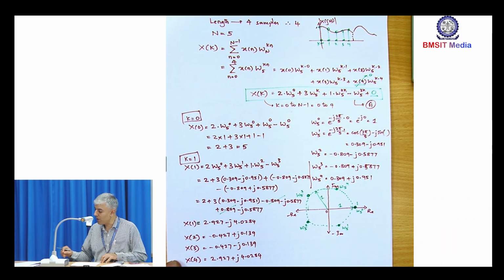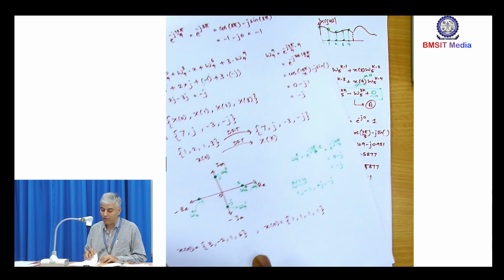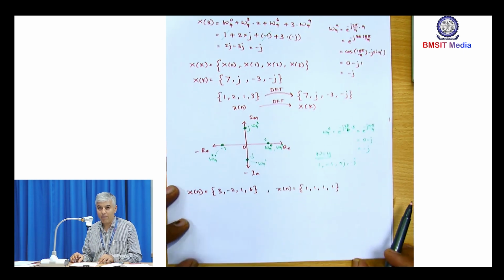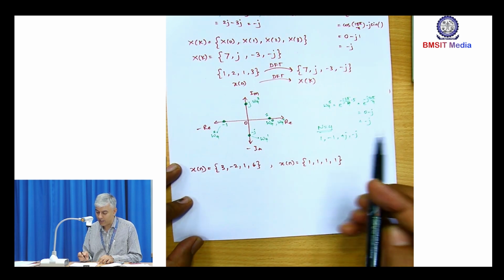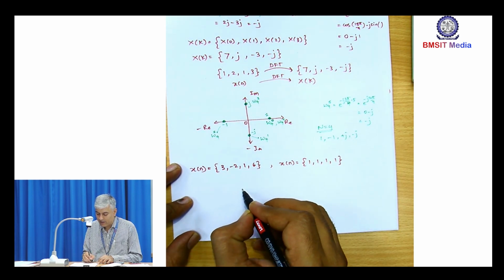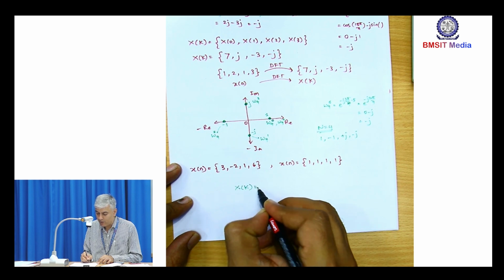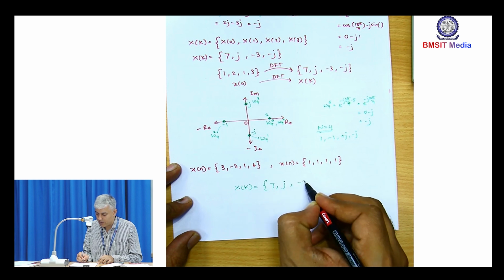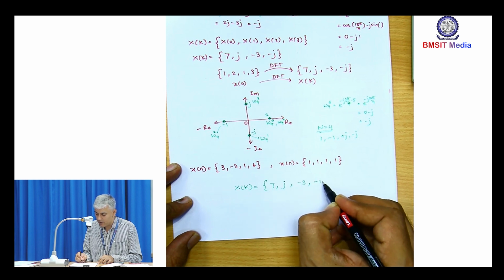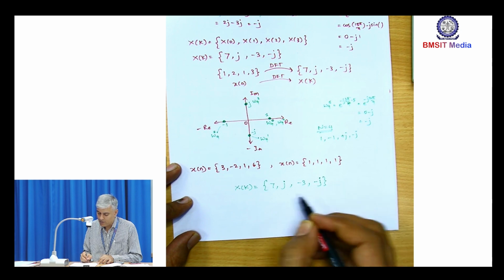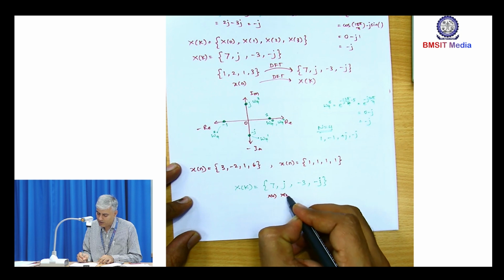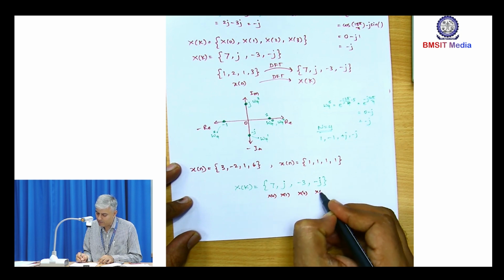I want you to take a relook at the DFT that we obtained for the 4-point sample previously, right? The signal that we had gave us a DFT like x of k equal to 7, j, minus 3 and minus j. So this is our x of 0, this is x of 1, this is x of 2, and this is x of 3.